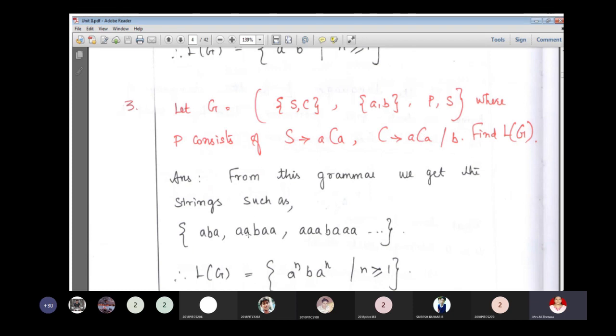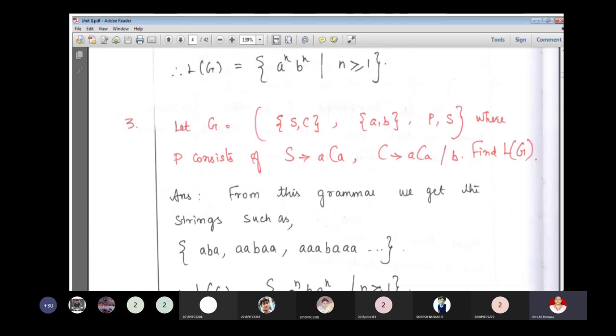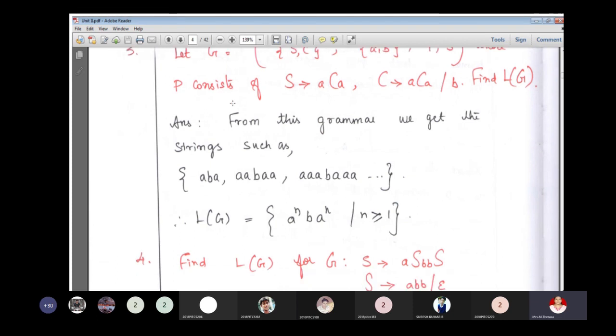Then the next string you get is aabaa. So triple a, b, triple a. How can you define it in general? a power n, b, a power n. So this is the grammar S tends to aCa, C tends to aCa or b, which can derive the language a power n, b, a power n such that n is greater than or equal to 1.